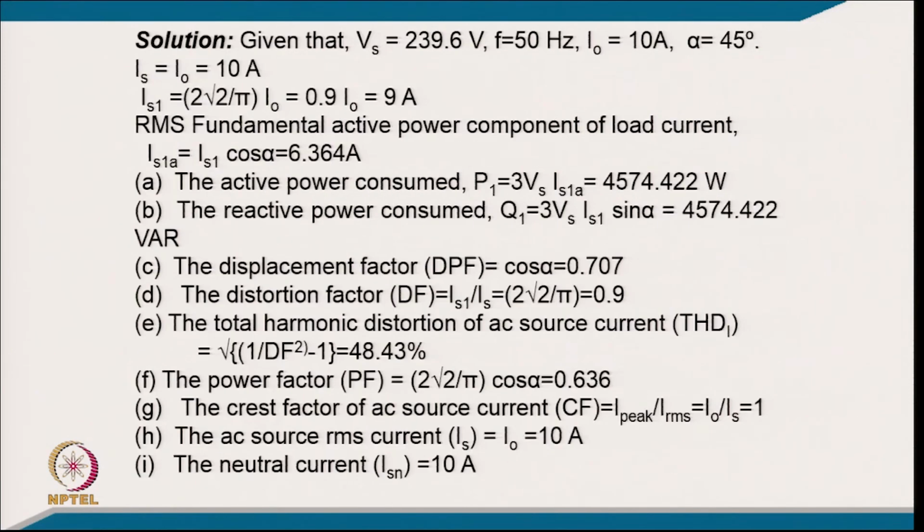So, coming to the solution part, the supply voltage is 239.6 per phase, 50 Hz, output current 10 ampere and alpha equal to 45 degree, and the RMS current of this will be again 10 ampere because it is a square wave.